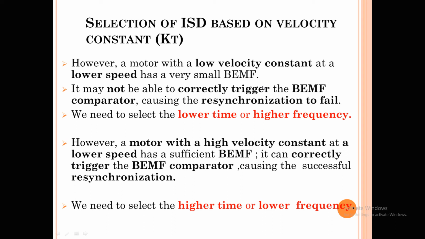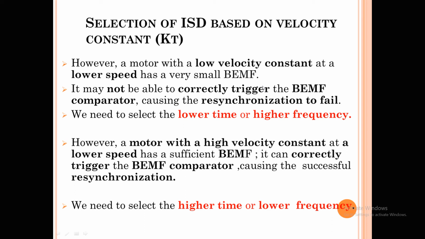If the back EMF value is not sufficient, then we are not able to start the motor properly. So if your motor has a lower velocity constant value, always try to take a lower time or a higher frequency.